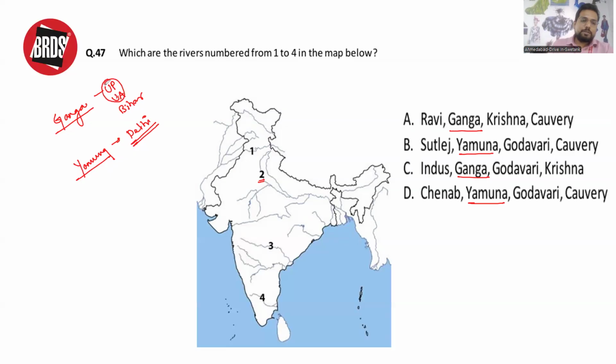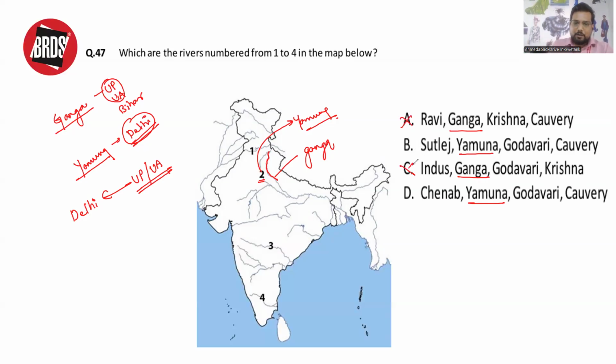If we relate UP and Uttarakhand with Delhi, you will find that Delhi is towards the west side of UP or Uttarakhand. So the very first river given to you over here is Ganga, while the second river is Yamuna. By that, I can eliminate option A and option C.